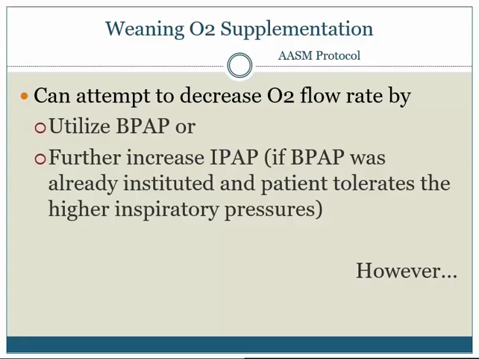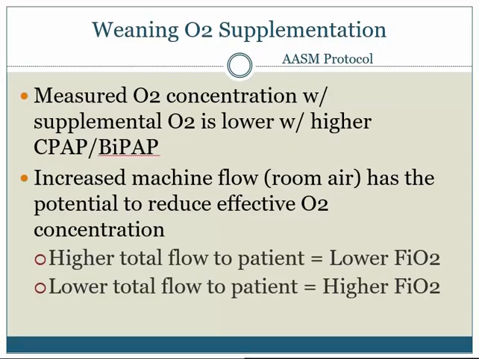The problem, though, one of the things you do have to watch out for is when you increase your PAP levels, PAP is just room air. And so when we talk about the principles of FiO2 and entrainment, what happens is when you have a CPAP of 5 and you're delivering 2 liters, the FiO2 that they're receiving is higher.